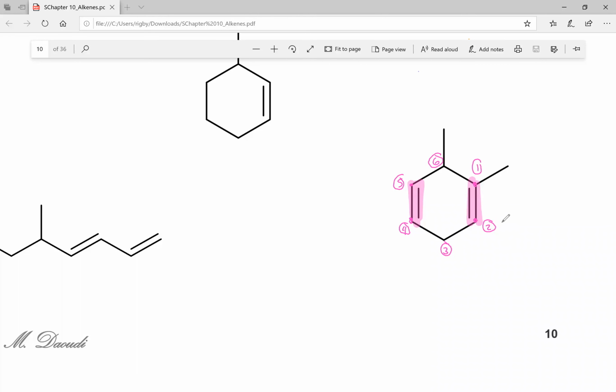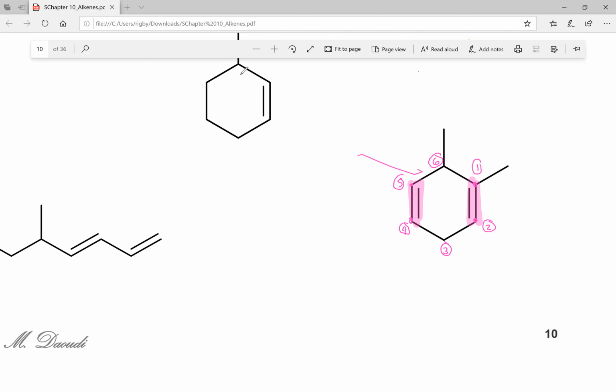So since we have 2 double bonds here, instead of having ene as our suffix, we're going to have diene. It's the same sort of idea as when we talked about when we have 2 OH groups, it's going to be diol. In this case, it's going to be diene.